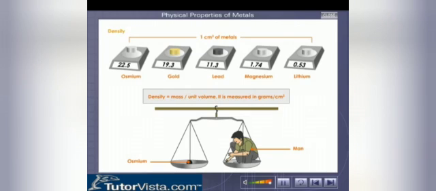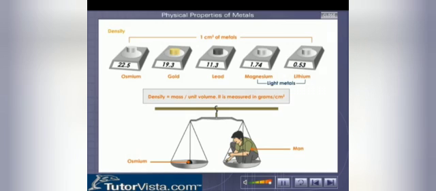Density. Density is the degree of compactness of a substance. It is the mass per unit volume of a substance. The densities of metals vary from 0.53 grams per cubic centimeter for lithium to 22.5 grams per cubic centimeter for osmium.